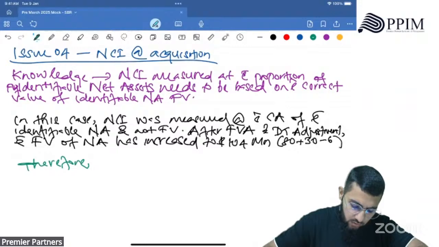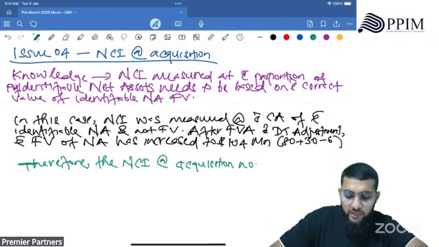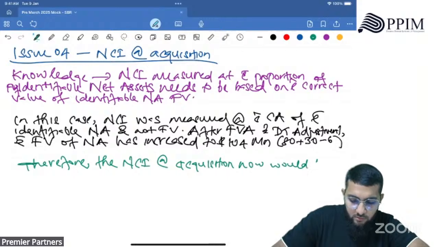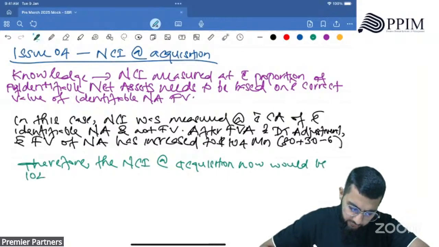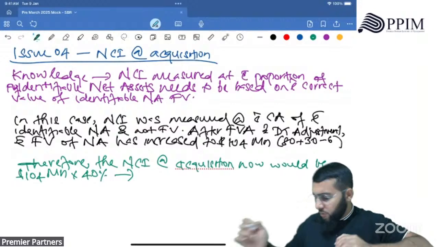Therefore, the NCI at acquisition now would be 104 million multiplied by 40%. That is how much? 41.6 million.